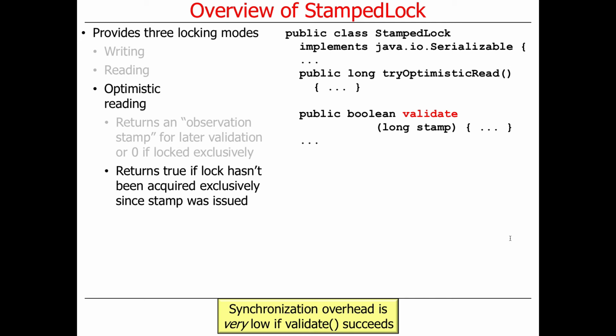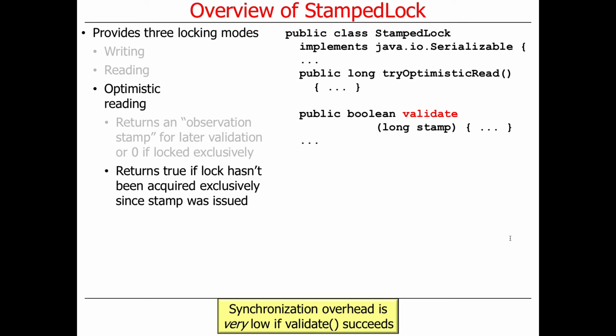If nobody has come along in the meantime and acquired a write lock for this object, remember, this object is the thing we're protecting with the stamped lock, if the stamped lock has not been acquired in write mode, then we're like, whew, we lucked out. Nobody could have changed this thing, assuming they follow the protocol, of course. So assuming they're following the protocol, nobody has made any changes. So the values that we just read with an optimistic read lock are still valid. And so we'll just use them.